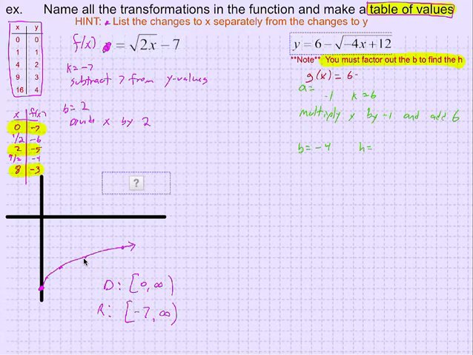I'm not going to change anything except under that radical, I'm going to pull out that -4 and write it as -4 times (x minus 3). What I did was I undistributed that -4. These are two versions of the same thing: -4 times (x minus 3) and -4x plus 12. They're the same thing. One has the -4 distributed, one has it undistributed. I need to see the one that's undistributed so that I can recognize that the h is 3.